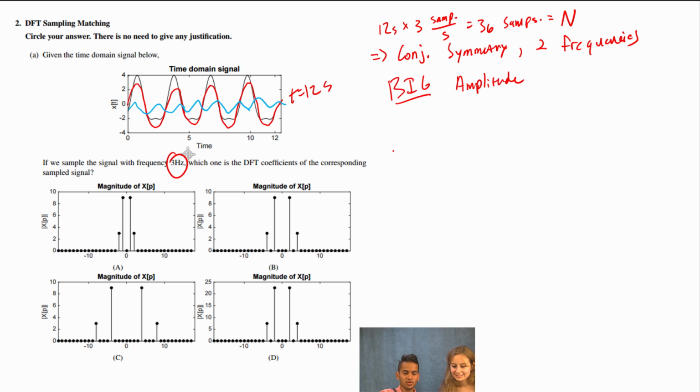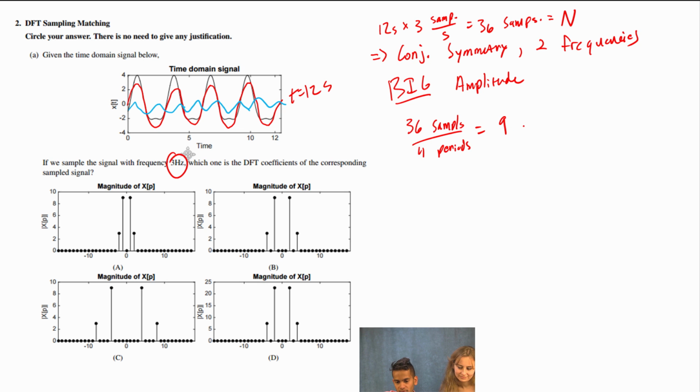What I like to do is, there's 12 seconds and 4 periods, or there's 36 samples for 4 periods. So that means the period of 1, so 36 samples and 4 periods.